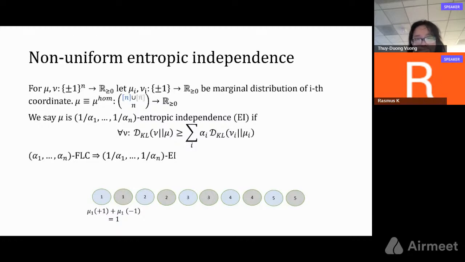We define non-uniform entropic independence by allowing the parameter α_i, with the distance between μ_i and ν_i, to be different. It looks complicated, but if you replace all these α_i by the same α, then you recover the uniform entropic independence notion that was defined previously.